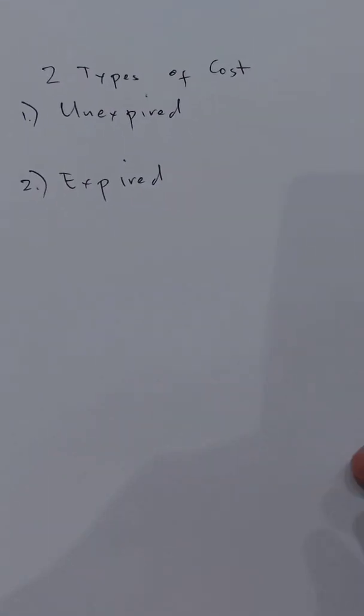So, there are two types of cost. Yung una, an unexpired cost. And yung pangalawa ay expired cost. Okay. So, unexpired and expired cost.